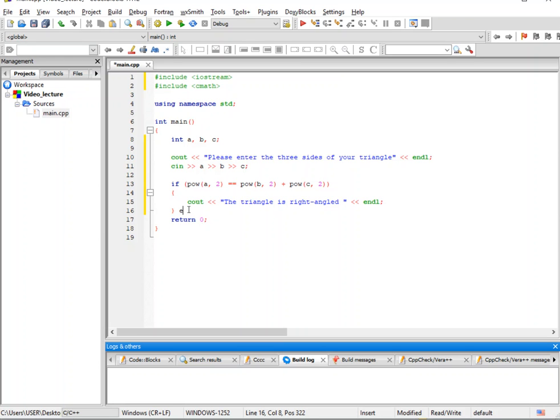So we'll do an else: the triangle is not right angled.